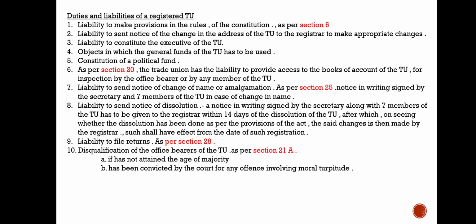We have already learned, while discussing the registration of a trade union, that whenever an application is submitted, it has to follow some condition precedents as mentioned under section 6. The registrar shall look into the application form to see whether such condition precedents have been followed by the trade union, and that is one of the duties of the trade union as per the provisions under section 6 of the Act.